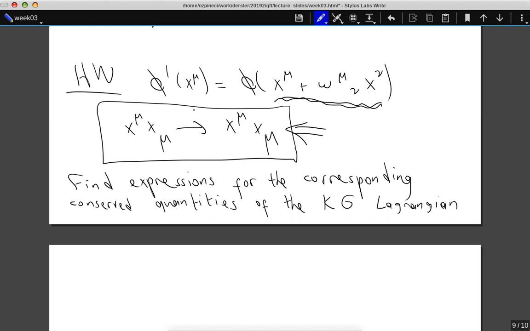Let me write it a bit more explicitly. The transformation will take x mu to x mu plus omega mu nu x nu.